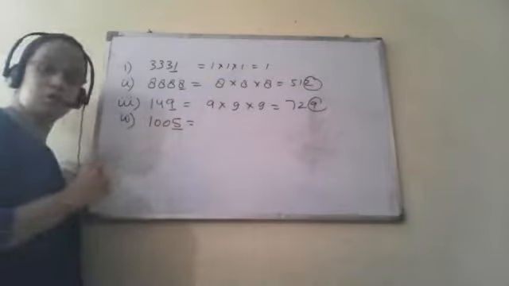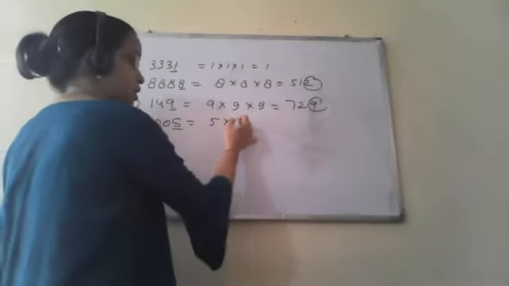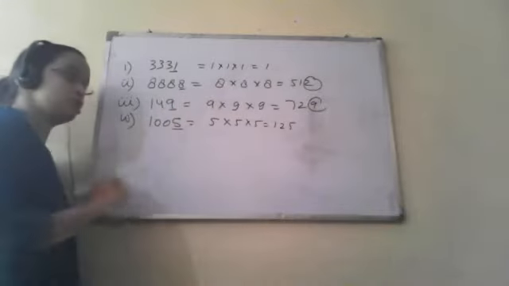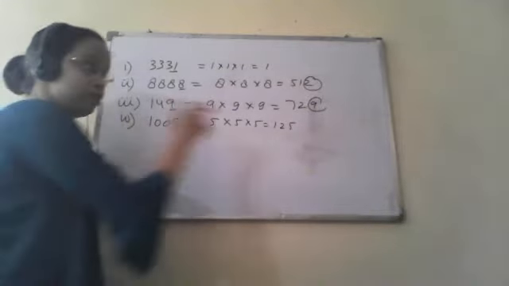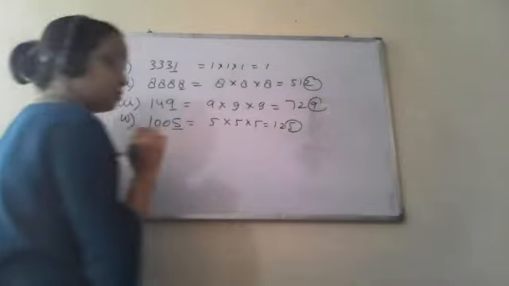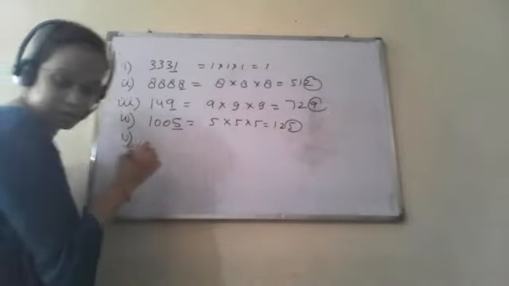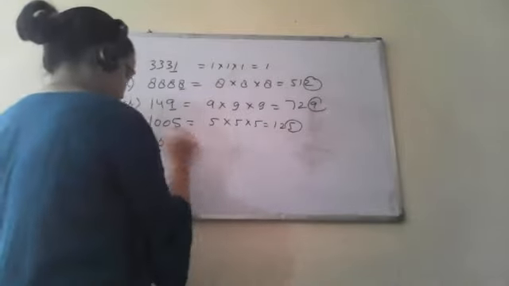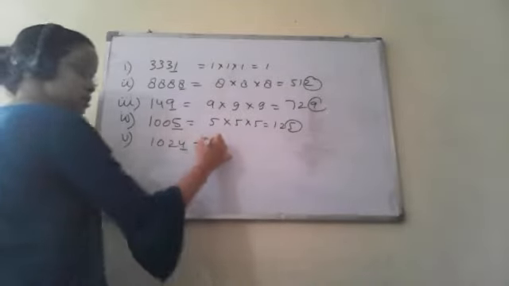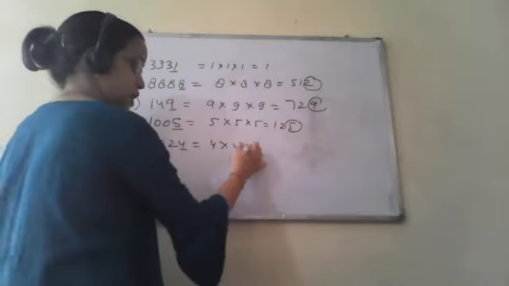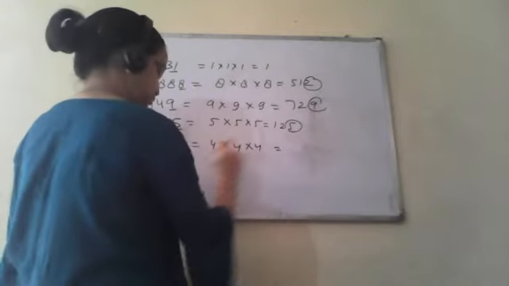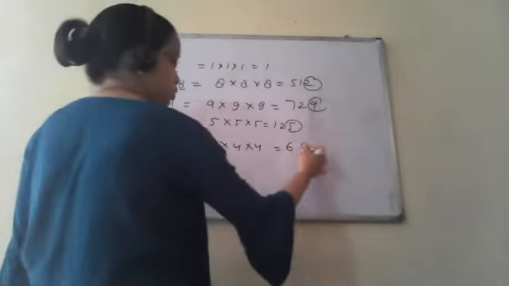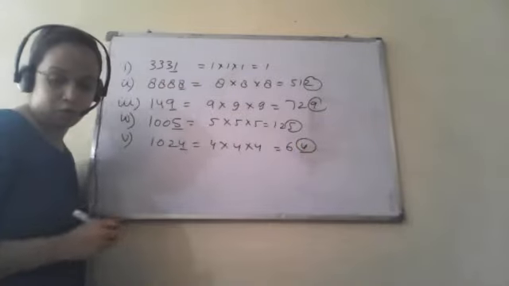We just pick the unit place and multiply it thrice, 5 into 5 into 5, so it is 125. So the cube of 1005 will have 5 at its unit place. Clear? Next example is 1024. Pick the unit place, do its multiplication thrice, so it is 4 into 4 into 4, which is 64, so it will have 4 at its unit place.